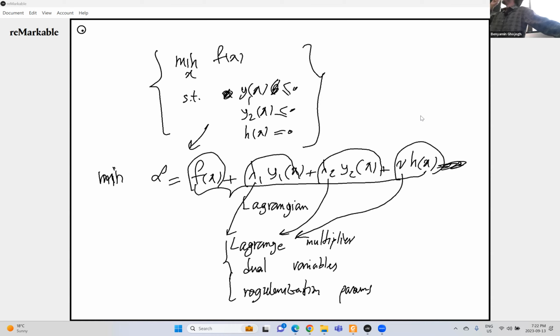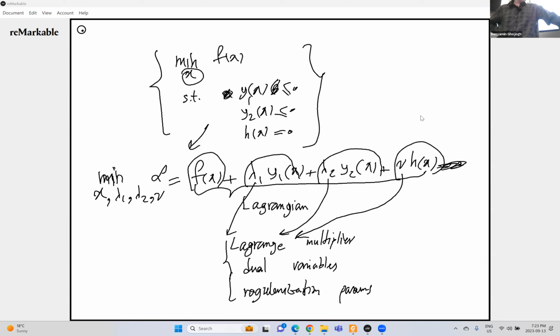However, in Lagrangian, previously we minimized f of x with respect to x subject to these constraints. Now I minimize the Lagrangian with respect to what? Of course, one of them is x, which was already the optimization variable. However, now we also have lambda 1, lambda 2, and so on. These are the dual variables, the regularization parameters.